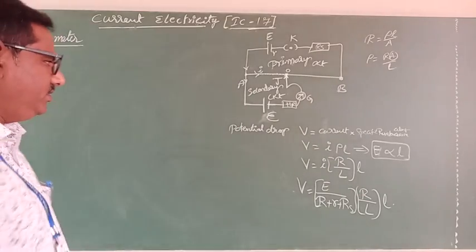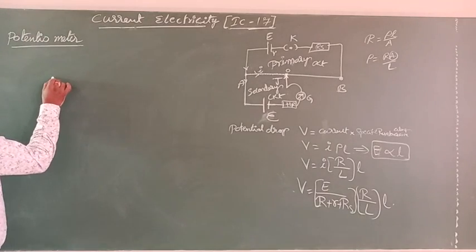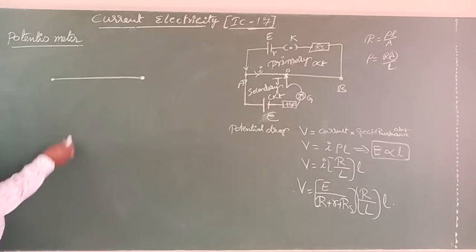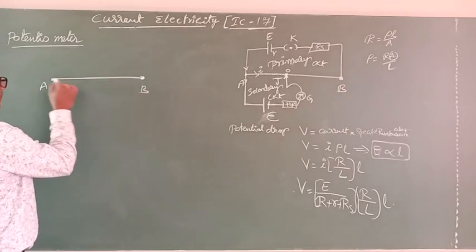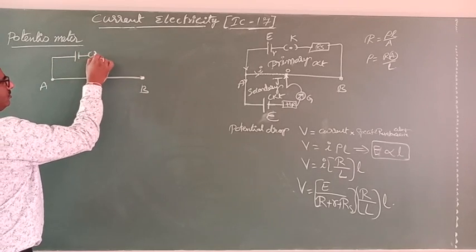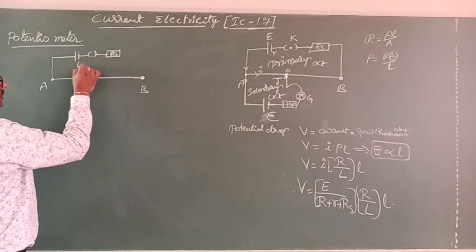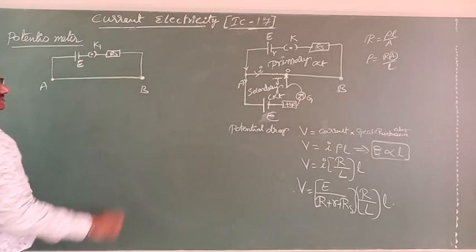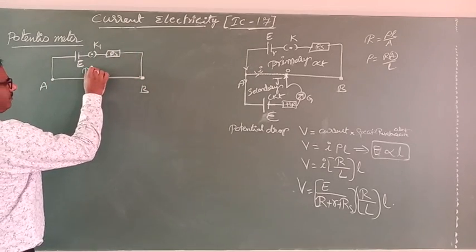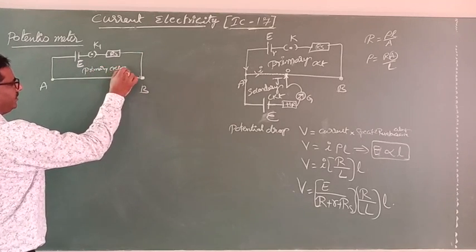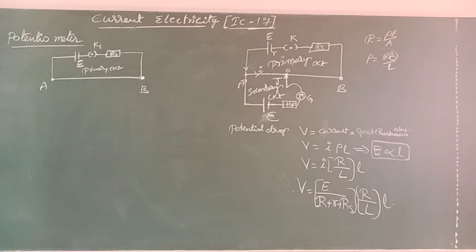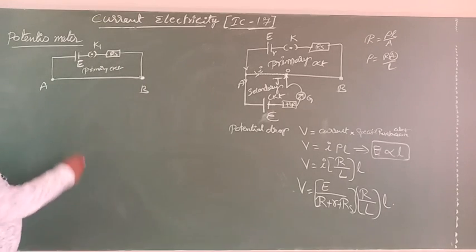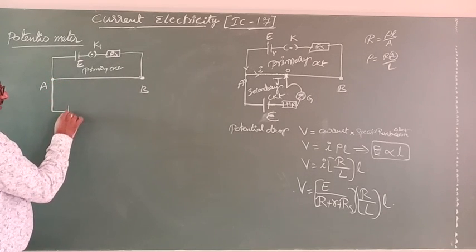Now if you want to take the same potentiometer, one more use is to compare two EMFs. Between A and B, the primary circuit is the same: the EMF of the primary cell, plug key K1 and series resistance RS. This circuit is called the primary circuit. The cells you want to compare, those two cells you take in a secondary circuit, connected in parallel like this.